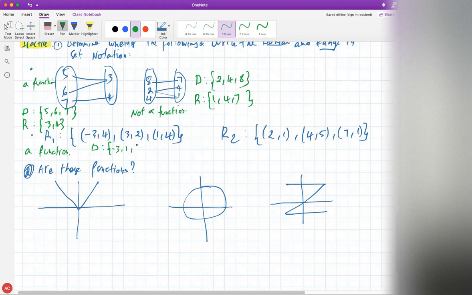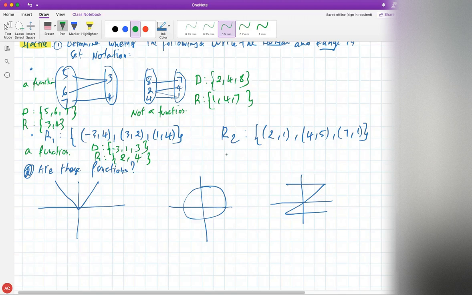That's right. For the first elements, we arrange them from the lowest to the highest. Then the range, the same way. So what do you get? 2 and 4. 4 is repeated, so we only need to write it once. That's it: function, and the domain and range.